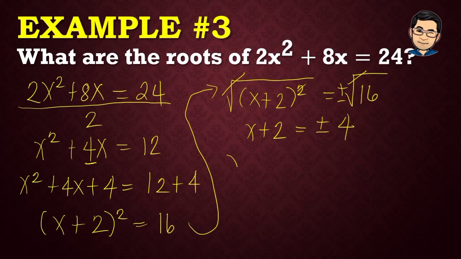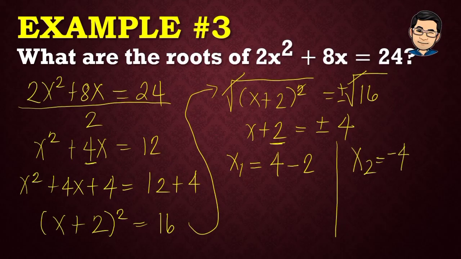So, x sub 1 muna tayo. 4. So, itong 2 na to, ililipat sa left side, magiging minus 2. X sub 2 naman, negative 4, minus 2. So, x sub 1, 4 minus 2, that is 2. X sub 2 naman, negative 4 minus 2, negative 6.